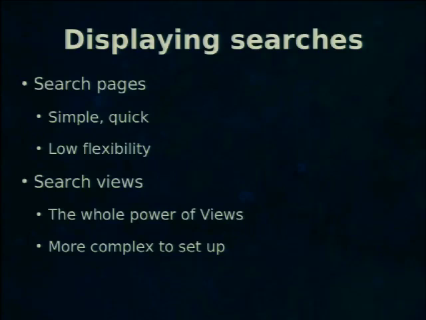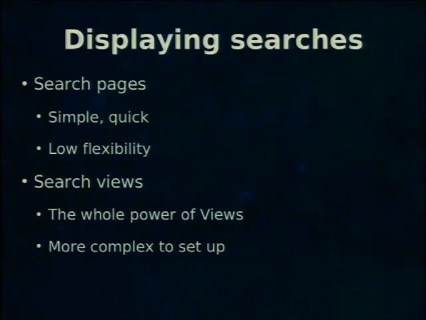Now, with the server and the index set up, we're still not showing anything to end users, and we have to use some way to actually display a search to the users. So we have two basic options for that. The first one being search pages, which is a bit like the core search.